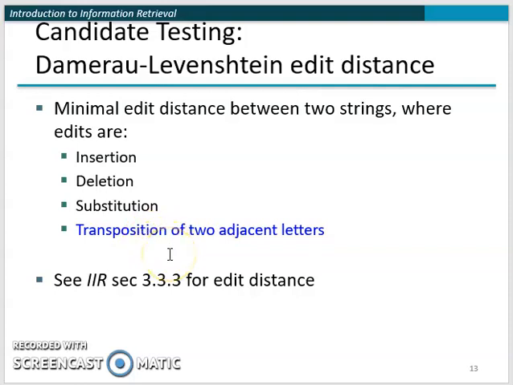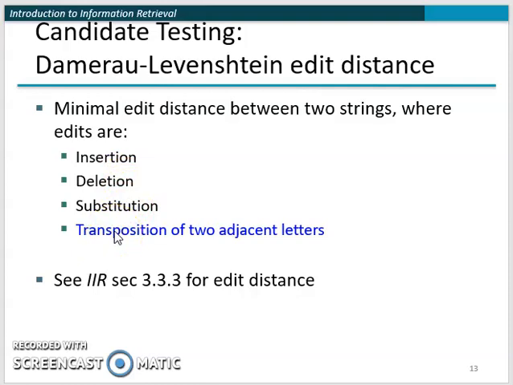I'm hoping that you know edit distance, or you can read it from this section in your book just to revise it. An edit distance of 1 between 2 strings means that those 2 strings are only 1 edit away from each other. That 1 edit could be an insertion, a deletion, a substitution, or a transposition.